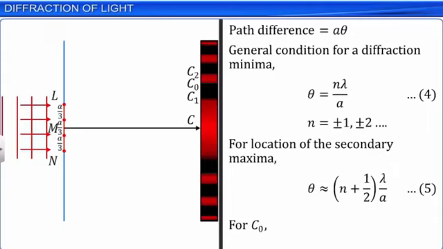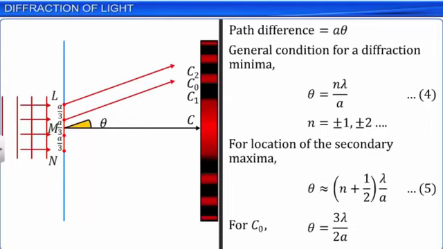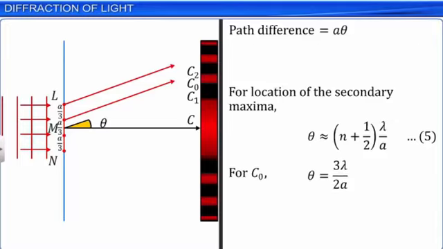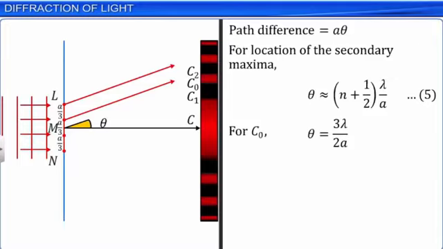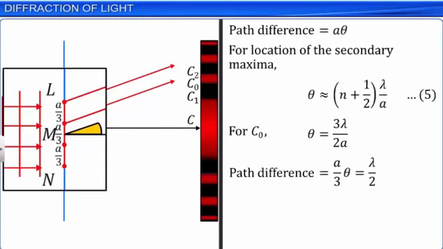Now consider 2 waves from the ends of the 2 top parts. Since the width of each part of the slit is A by 3, the path difference between them at C0 is equal to A by 3 into theta, which in turn is equal to lambda by 2. Hence, these 2 waves interfere destructively at C0.